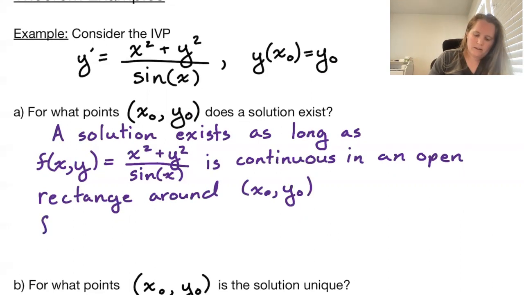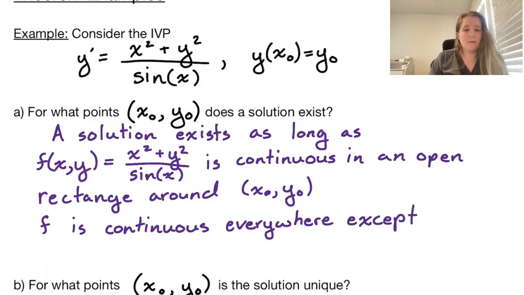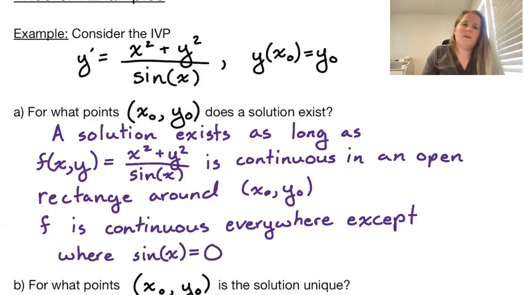So f is continuous everywhere except where we would divide by 0. So except where sine of x is equal to 0.